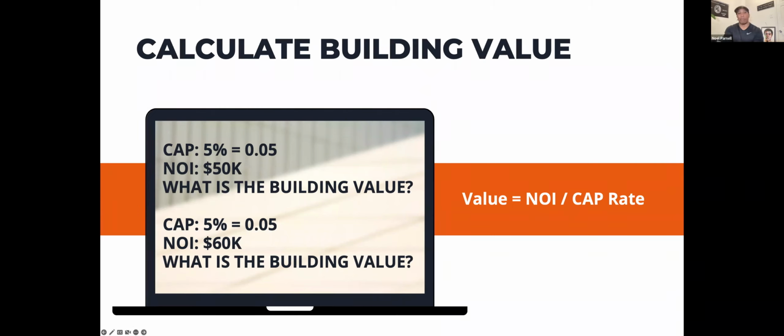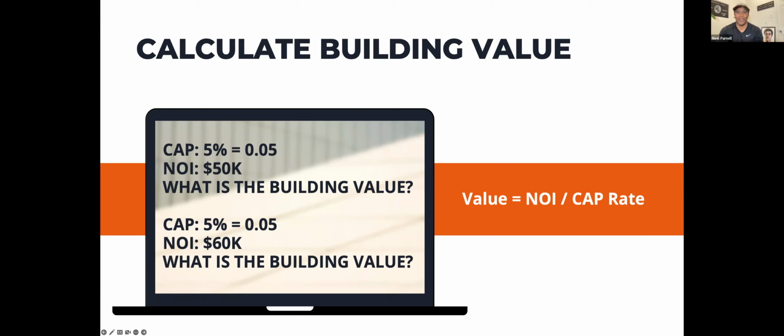So now that net operating income is $60,000, what is the value of that building? Great, that's right, $1.2 million. So you increase the value of your building by $200,000.